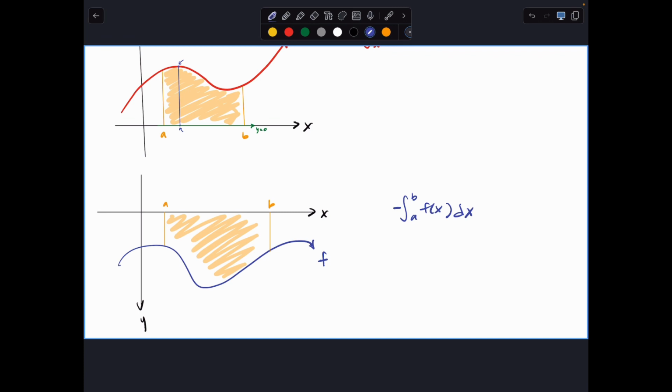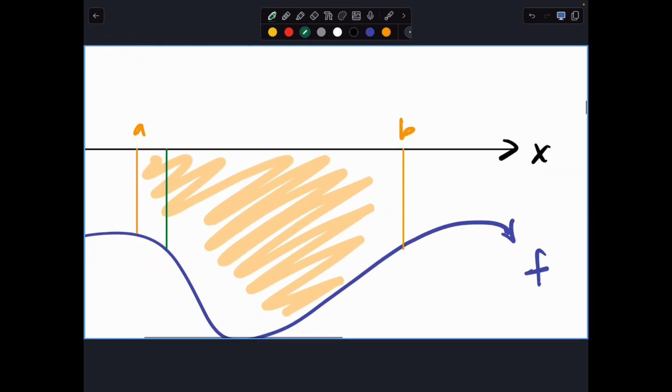Or another way to think about it would be the height of each rectangle, the infinitely many rectangles, like if that sliver represents a rectangle, wouldn't the height be top function minus bottom function? Top function value in this case would be 0, right?